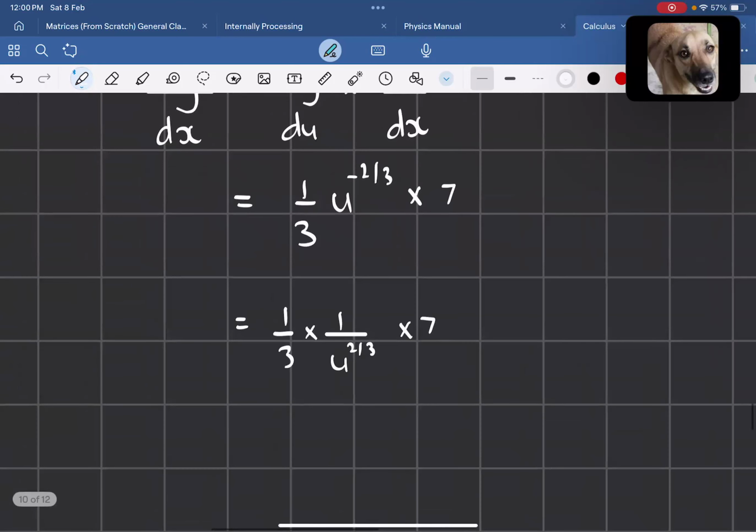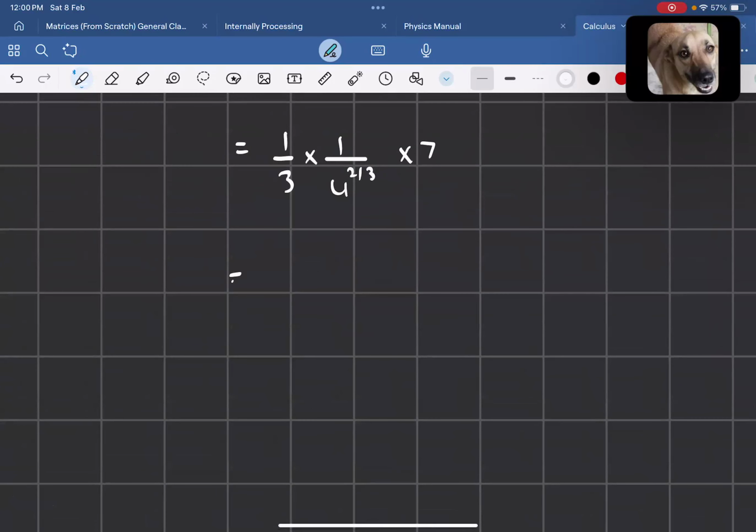So watch what's happening here. When you plug in what u is, when you multiply this out, wouldn't it be 3 by this? Yeah. Right. So let's multiply here. 1 by 1 by 7 is 7. 3 by u to the power 2/3. That is 3u to the power 2/3.